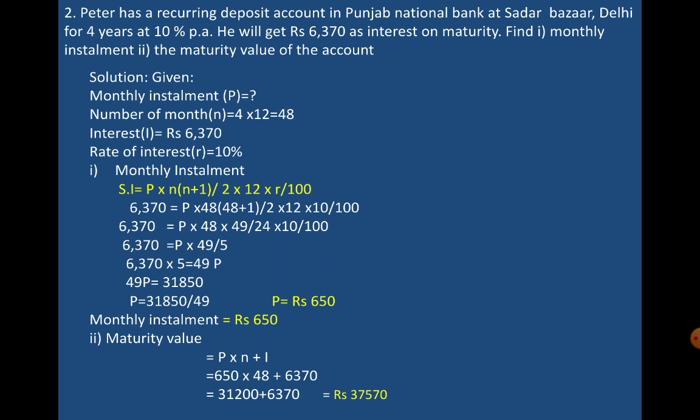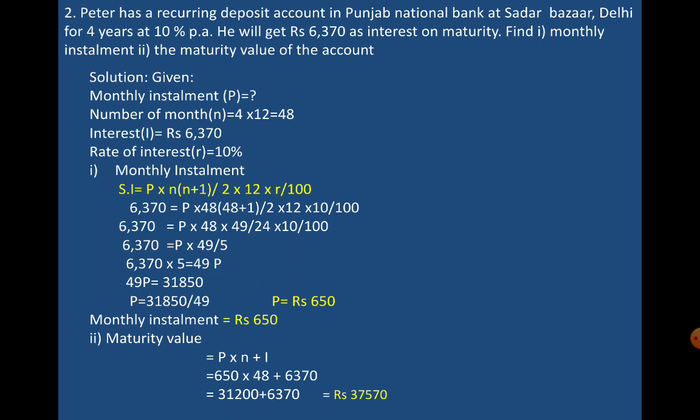That means Peter started an account in Punjab National Bank. The period is 4 years and the rate of interest is 10%. At maturity he gets interest of 6370 rupees.